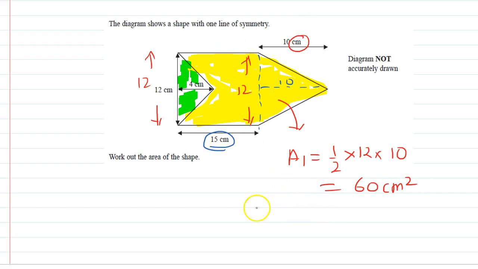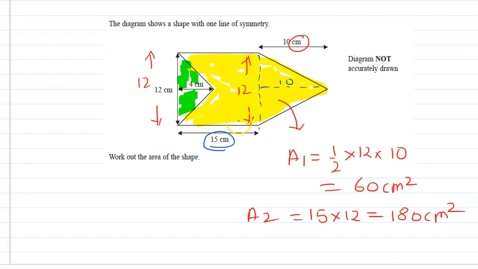Now A2, this we are calculating, this 15 times 12. So A2 is 15 times 12. So if you calculate 15 times 12, then it comes 180. So this is 180 centimeter square.